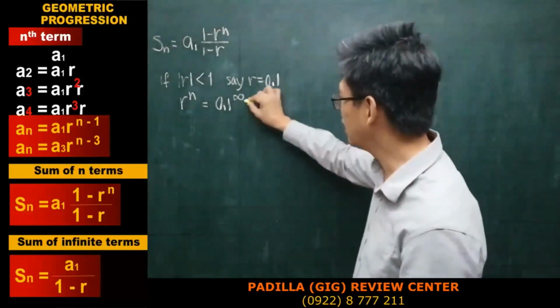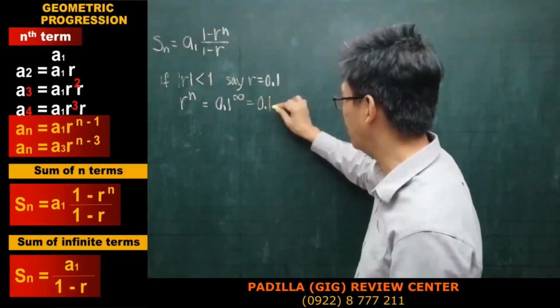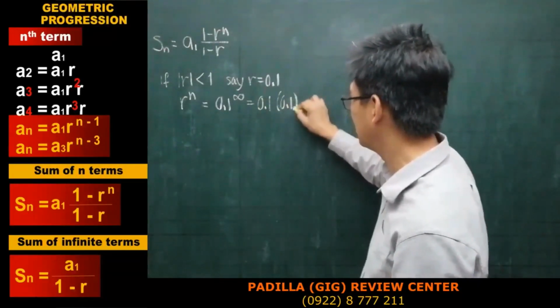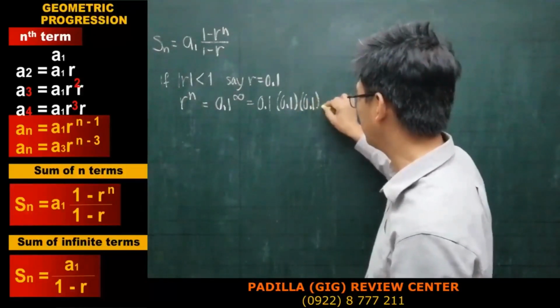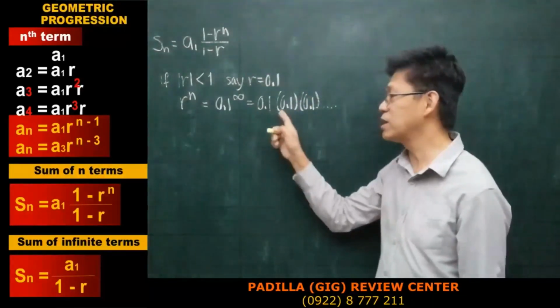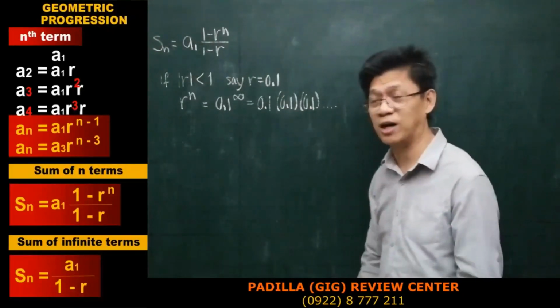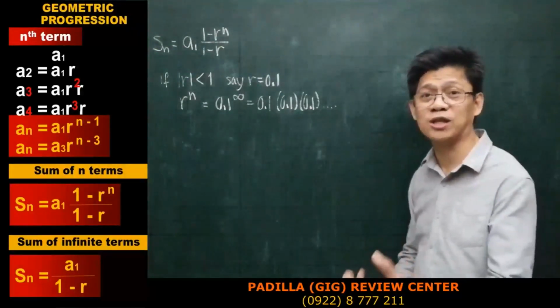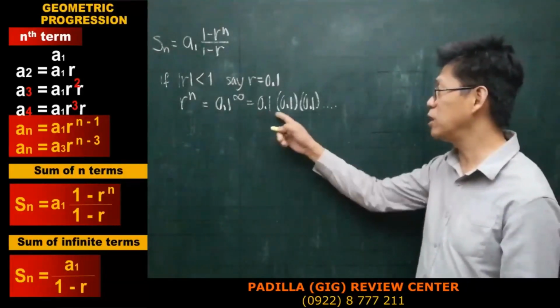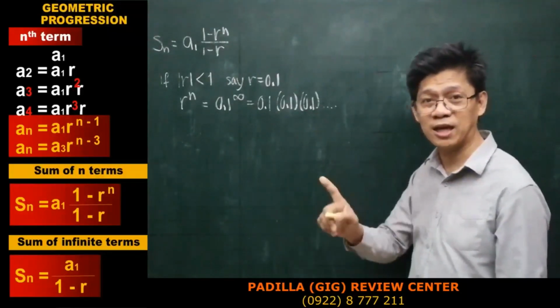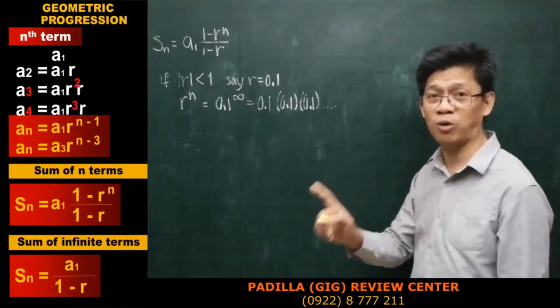So, 0.1 to the infinity is 0.1 times 0.1 times 0.1 times so on and so forth. 0.1 times 0.1 is 0.01 times 0.1 is 0.001 times 0.1 is 0.0001, 0.00001. As you multiply it by 0.1, it gets smaller and smaller.